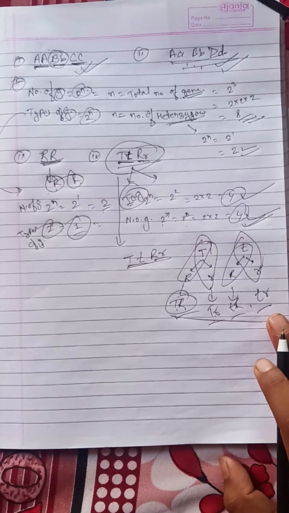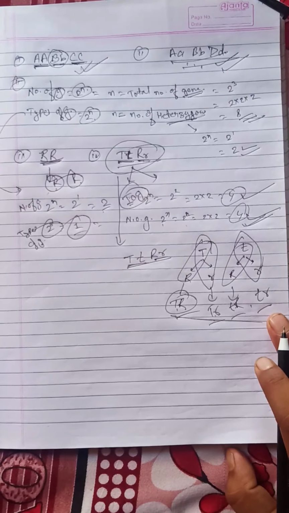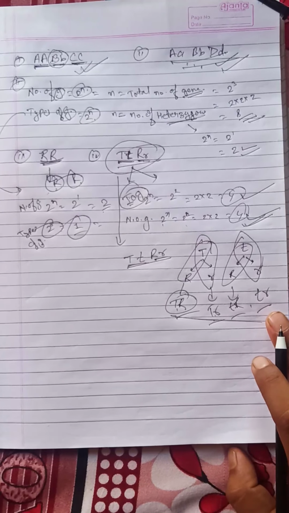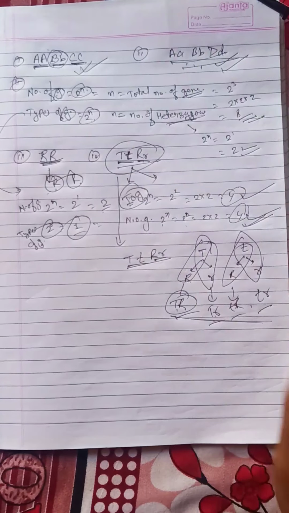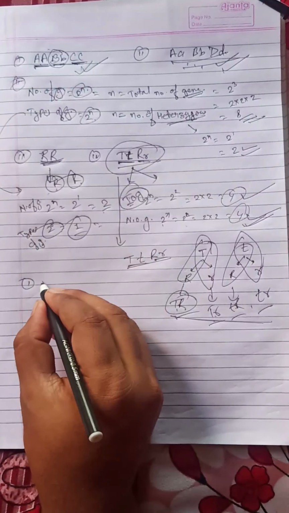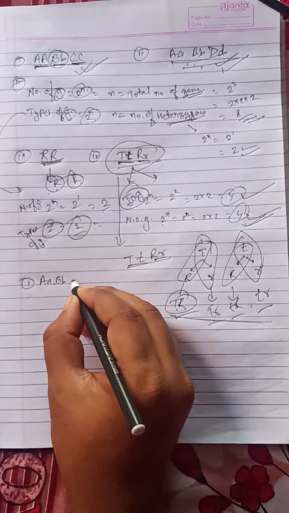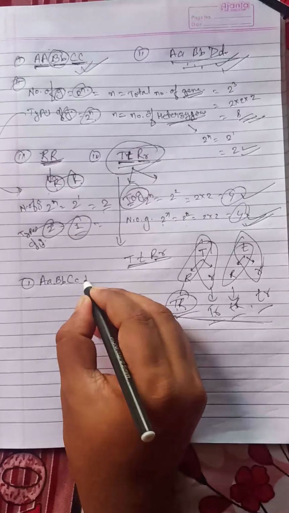Any problem? No problem. In the next video, we will discuss the dihybrid cross in detail. So you have to prepare the monohybrid cross, and you have to solve all these points. And now I am giving you more problems. So you have to solve this question.